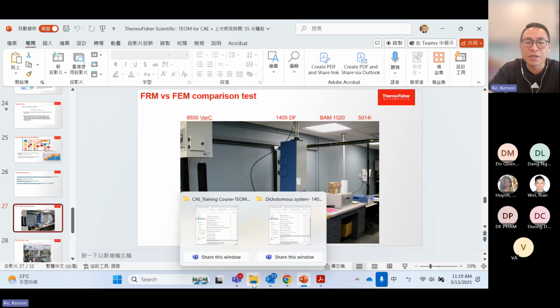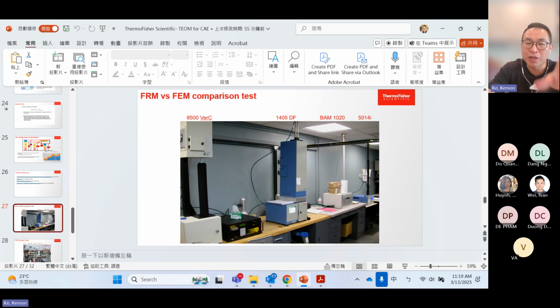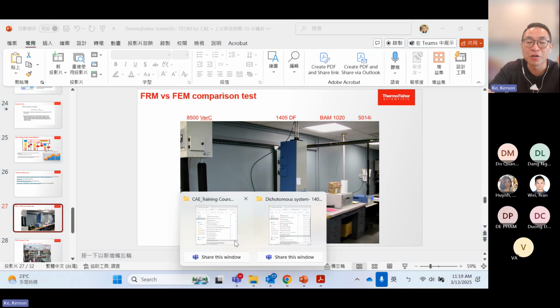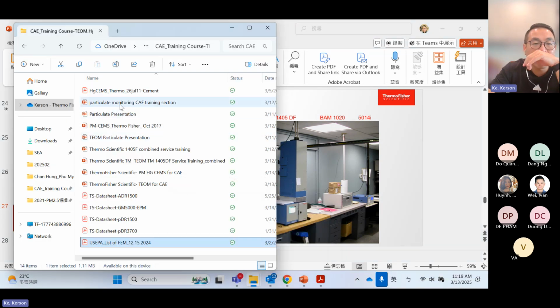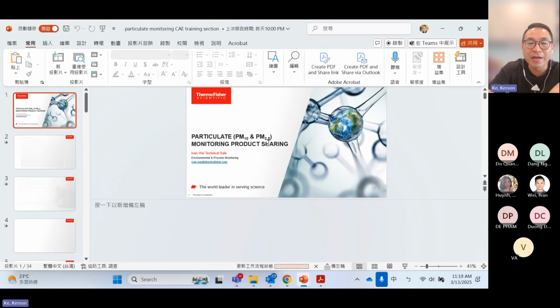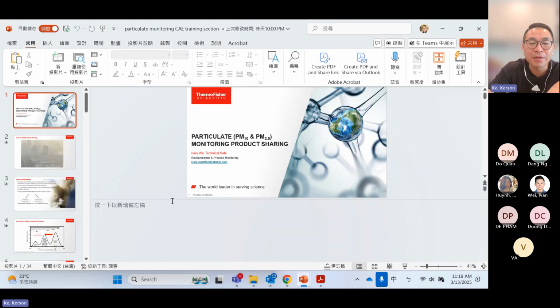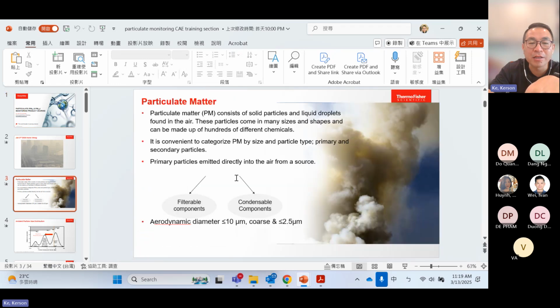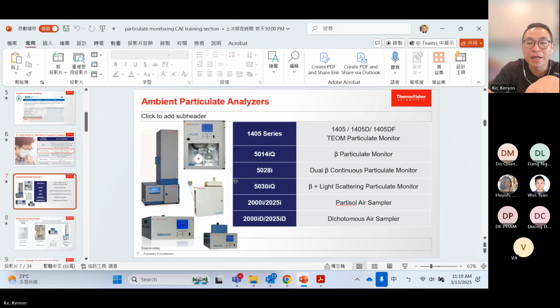I think the accuracy will vary because different locations and different weather give different results. That's the challenge for TEOM. But the slide Evan shared with you last time has quite a clear comparison.